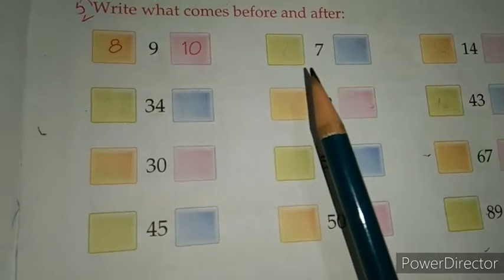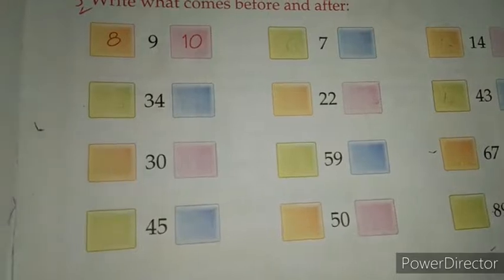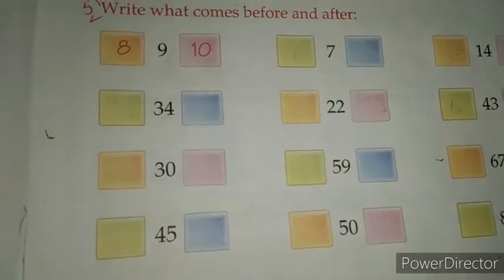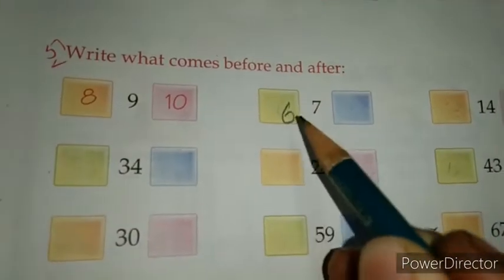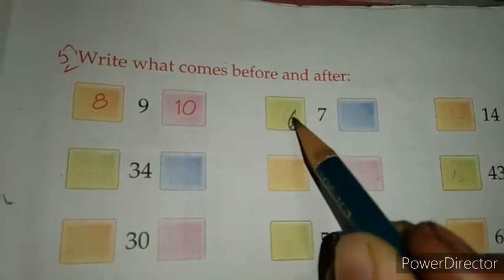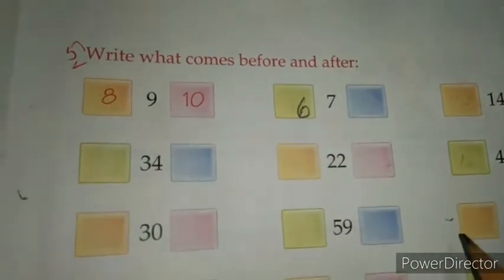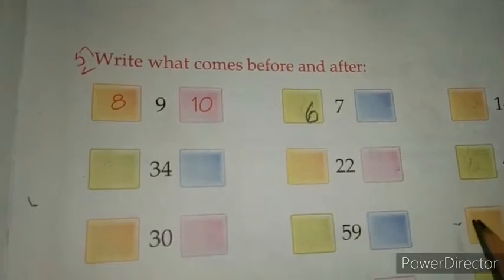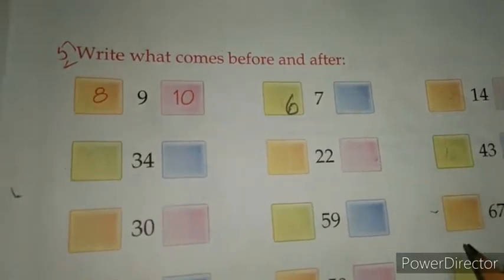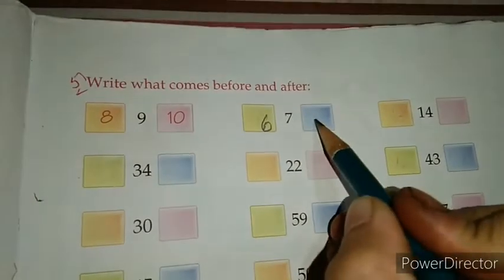The number is 7. So tell me children, what comes before 7? Very good, 6. And next one, what comes after 7? Yes, very good, 8.